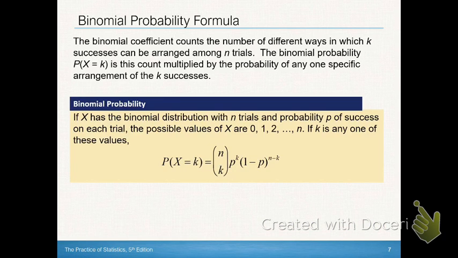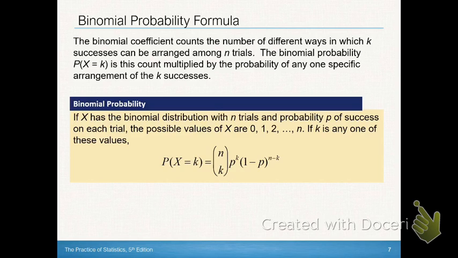So now we're taking that coefficient and plugging it into the rest of our formula. We take the probability of success raised to how many successes there were. So 0.25 is the probability of type O blood, squared because we want 2 kids to have type O blood, times the probability of failure, so 1 minus p, raised to the number of failures.